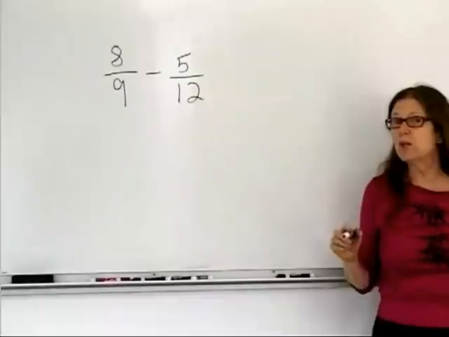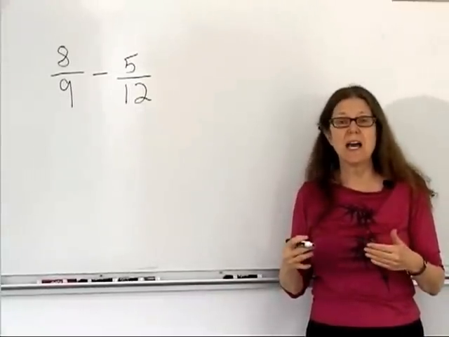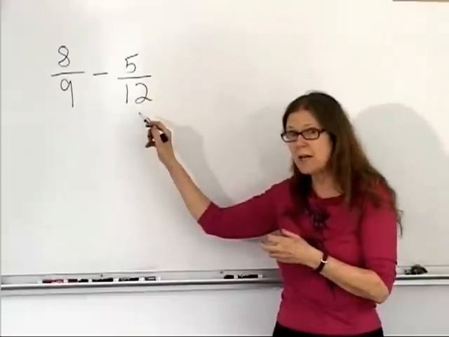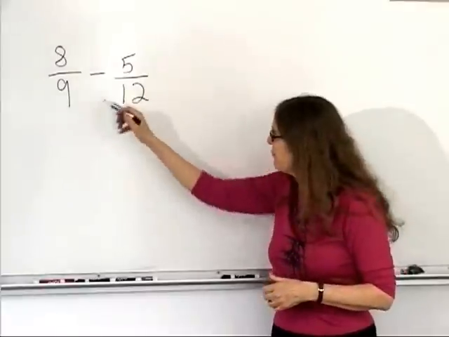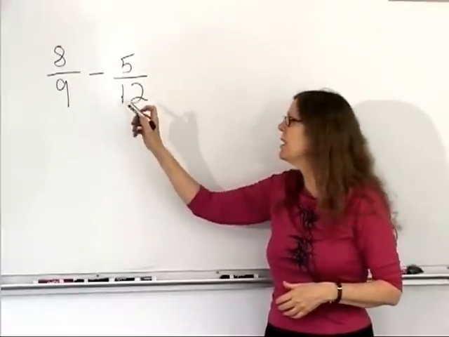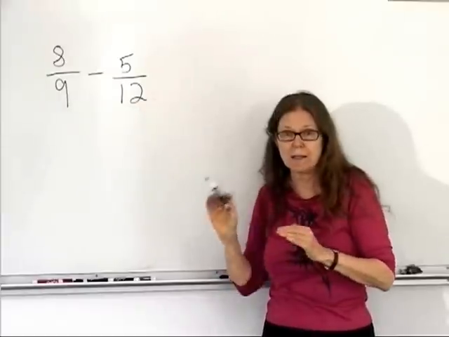Just the same way that we couldn't add two numbers that were fractions with different denominators, we also cannot subtract two fractions with different denominators, because we can't take 12ths away from 9ths, directly anyway.